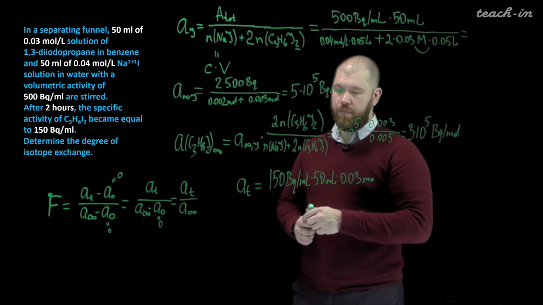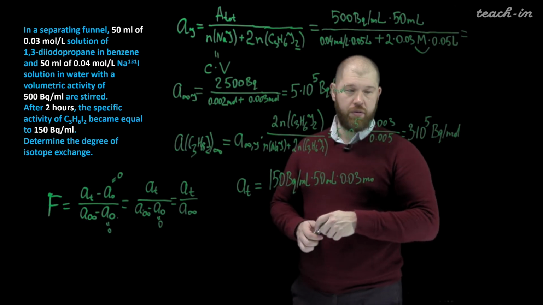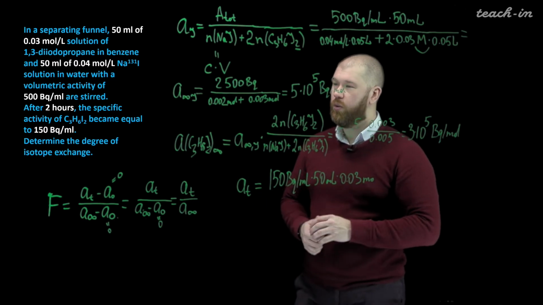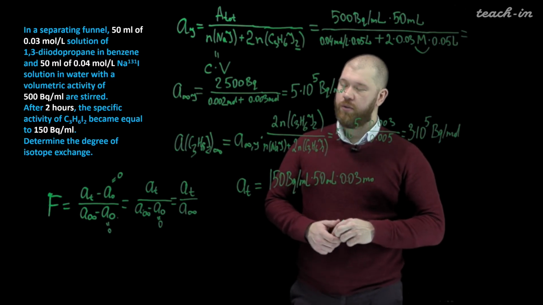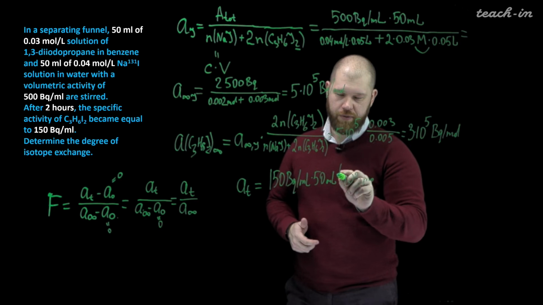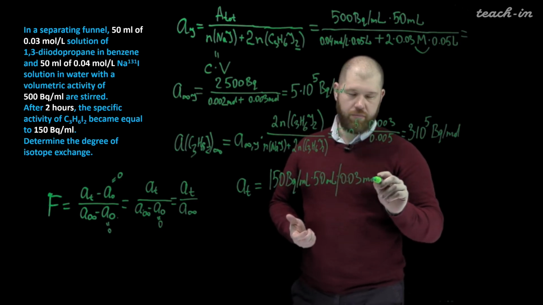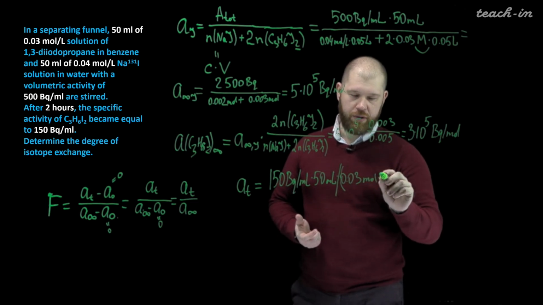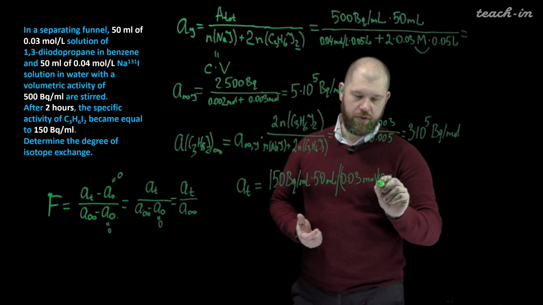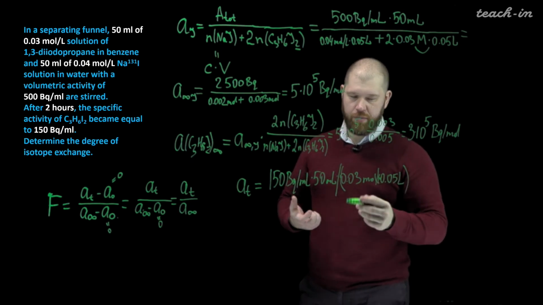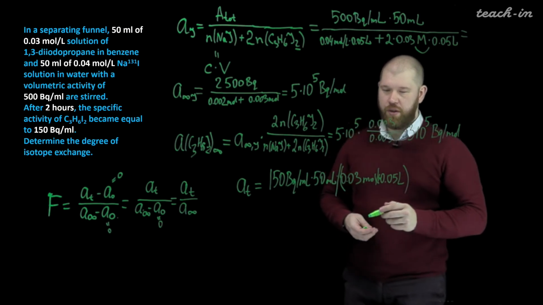So it will be 750 becquerels in the whole volume of our compound, and then we have to divide it by the total amount of our mole per liter, multiplied 0.05 liter, by the total amount of our atoms.